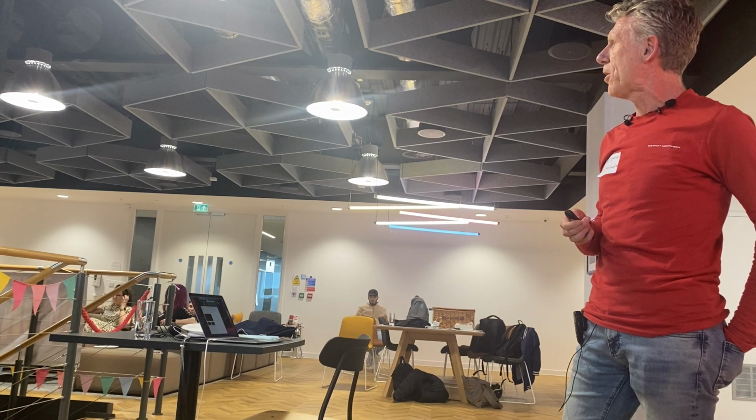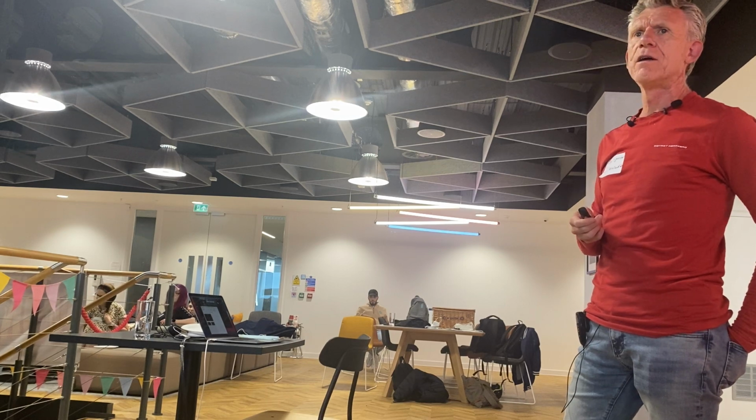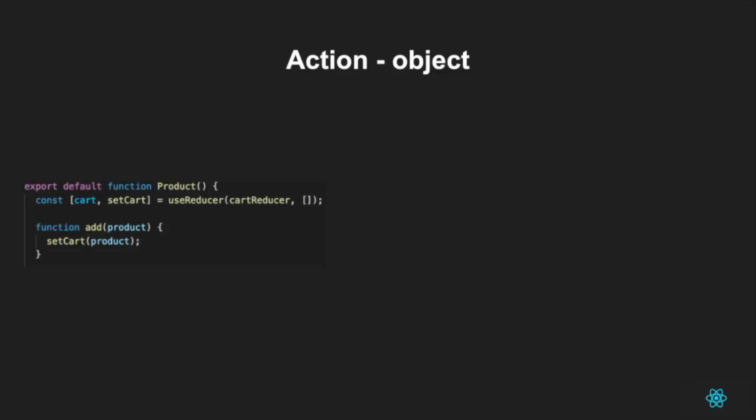You can make it smarter with an action object. That is a standard pattern in reducer functions. And how do we do that? Now you see the old way I did it: with the useReducer hook, I pass a product in the add function.